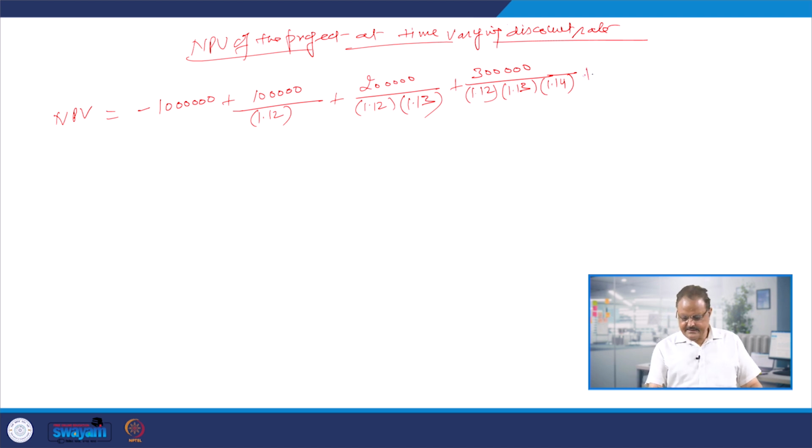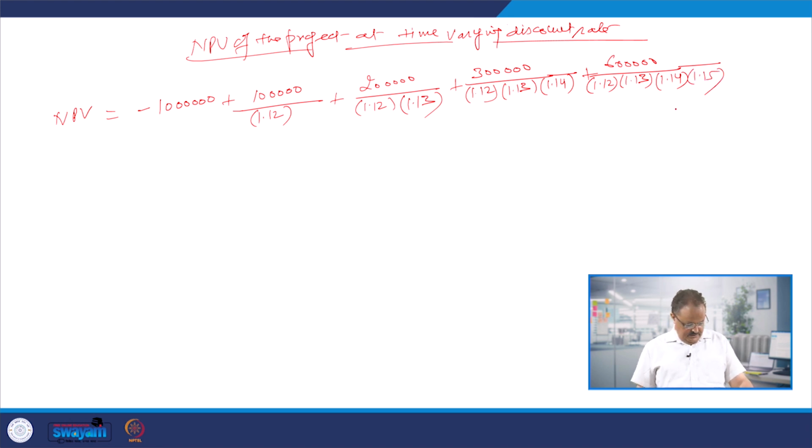And next, the cash flow is 6 lakhs, and this is going to be discounted at 1.12 into 1.13 into 1.14 and into 1.15.